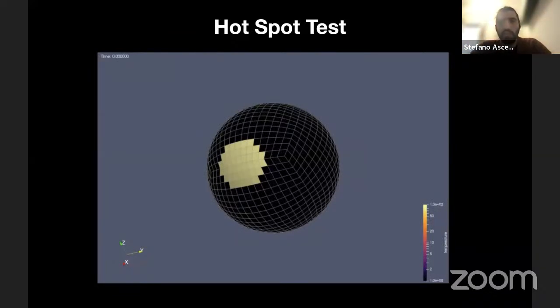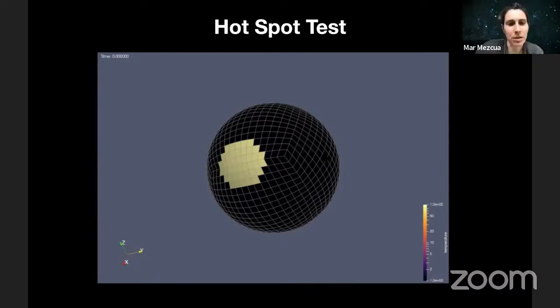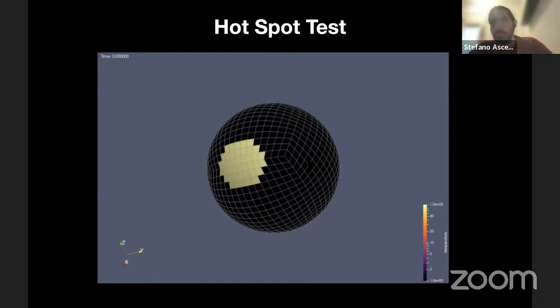This is just a ball of constant material. In terms of diffusion timescale, it's like the Perez-Zorin problem. So it's a couple of thermal diffusion timescales in our dimensionless units.